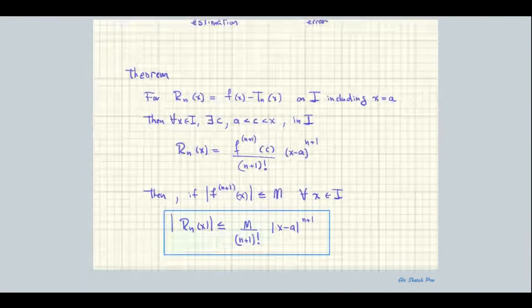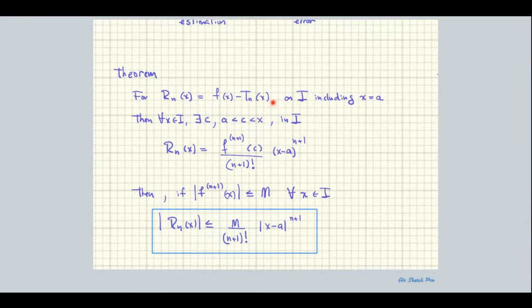And the idea here is, for the remainder on some interval of convergence that includes a value a, I am guaranteed by this theorem that there is a value c between the a where I'm expanding and the x value where I'm trying to look at in the interval, so that the remainder is actually equal to the n plus first derivative.